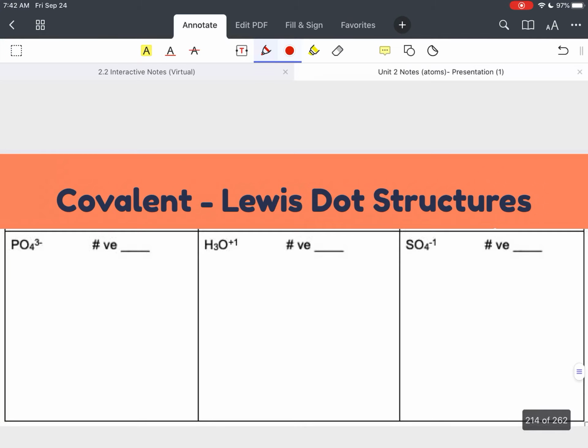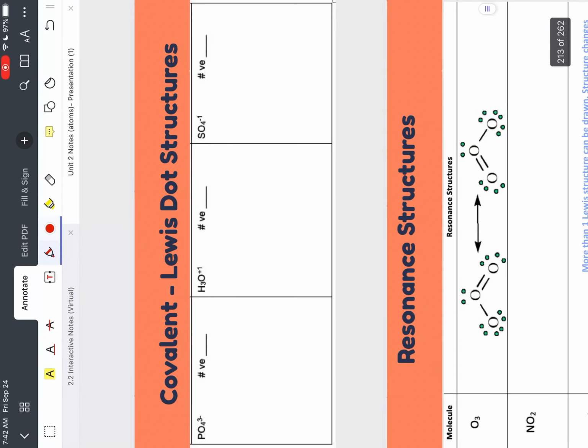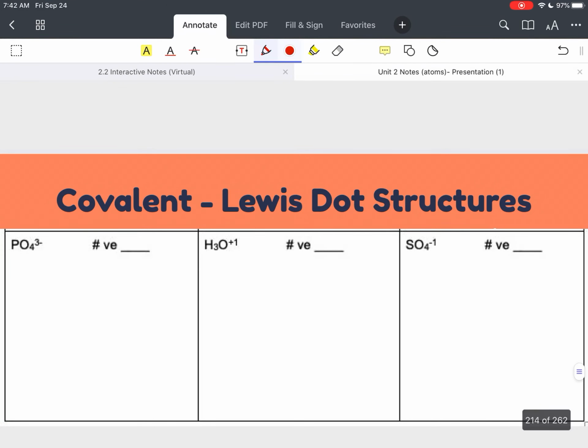All right, last thing we need to look at is something called a polyatomic ion. These are very similar to what we've been doing. Nothing is changing except we are going to pay attention to the charge of the ion.